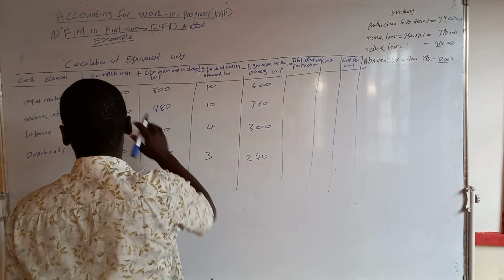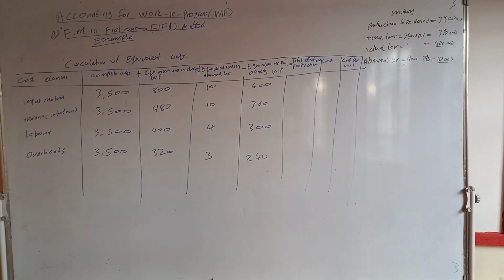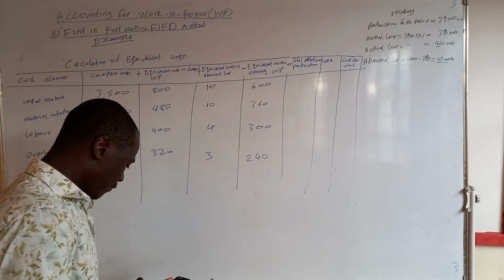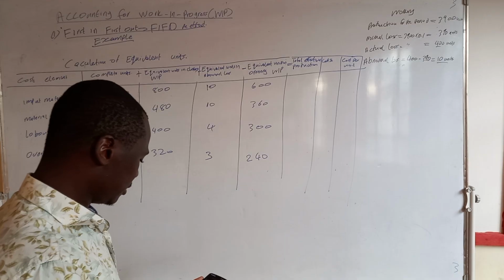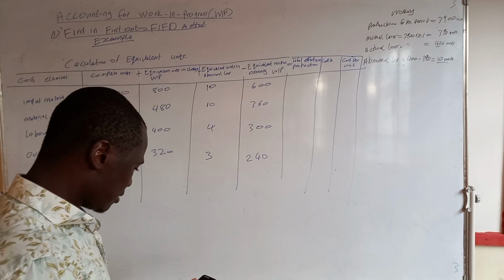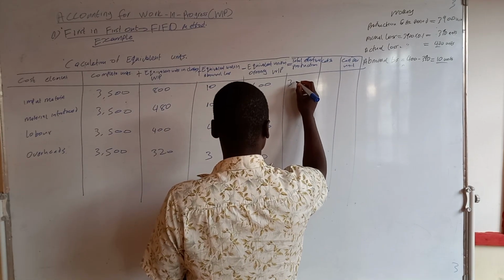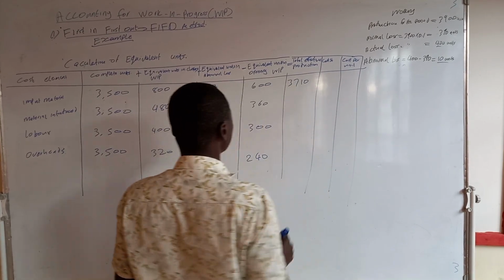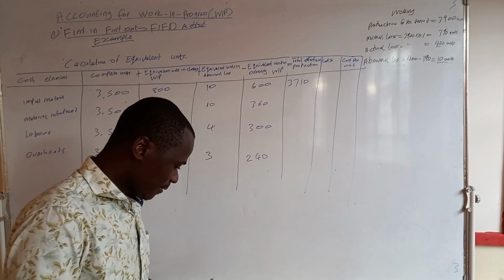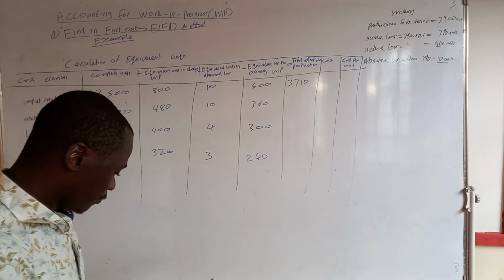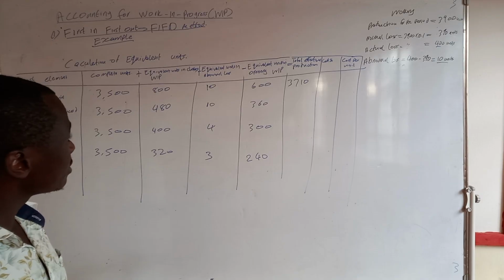For example, let us start with input material, the total effective production of input material. It is 500 plus 800 plus 10 minus 600. What do you get? 3,710. Then material introduced: 3,500 plus 480 plus 10 minus 360.